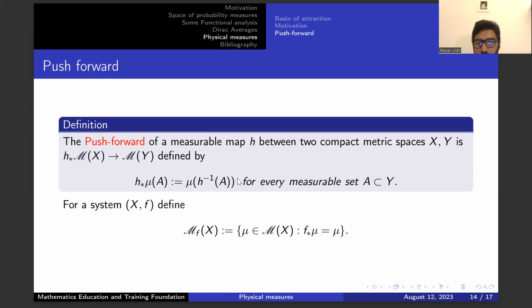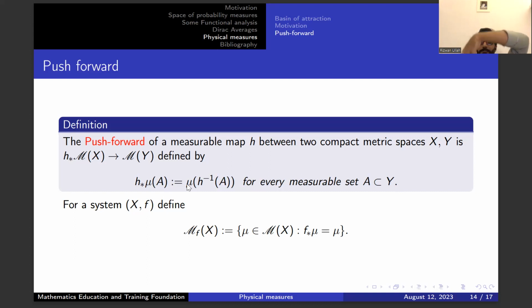So for any measure mu in the space of probability measures associated to the space X, it is giving me H star mu in the space of probability measures associated to the space Y, and it is defined in the following way: H star mu of A, for any measurable set A in Y, is defined like this.